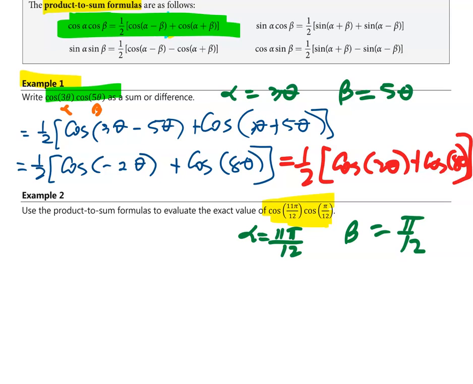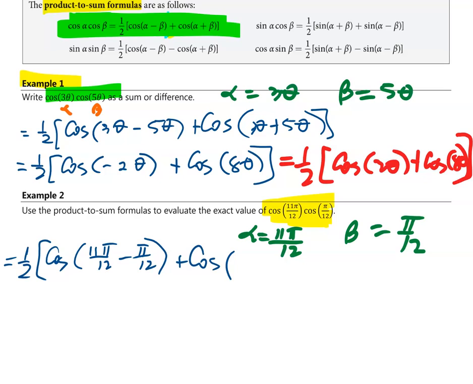So let's use the same formula. This is equal to 1/2 of cosine of alpha minus beta, so 11 pi over 12 minus pi over 12, plus cosine of alpha plus beta. So 11 pi over 12 plus pi over 12.